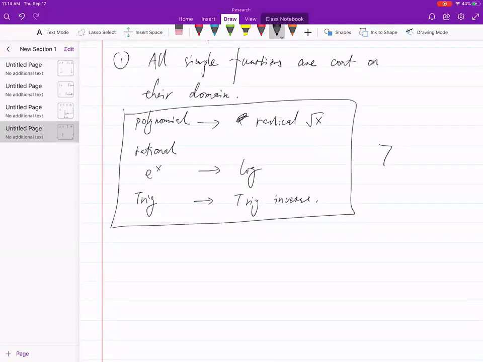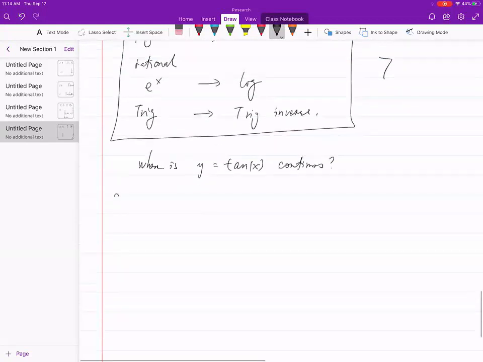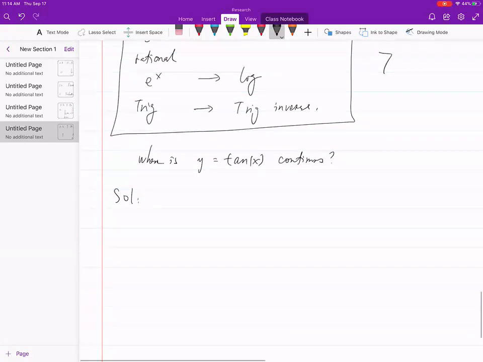Sounds good? From now on, where is tangent x continuous? You don't have to show it's continuous at pi, at pi over 2, at 0, at 1, 3, 5. You don't have to do anything of that. You just need to find the domain.